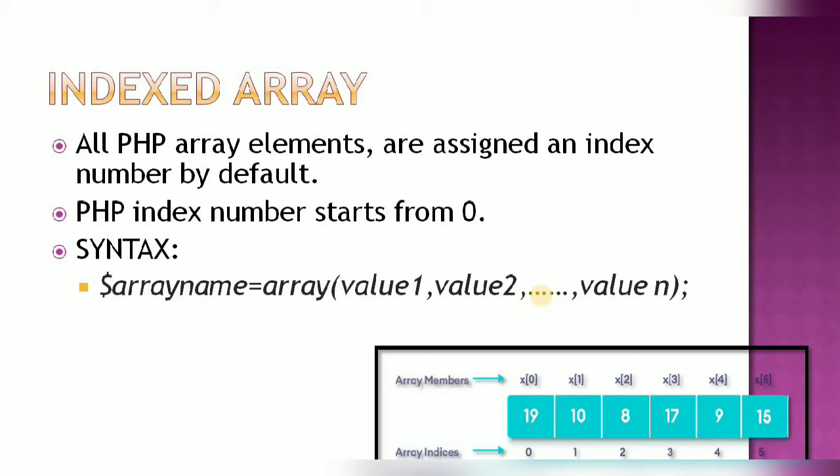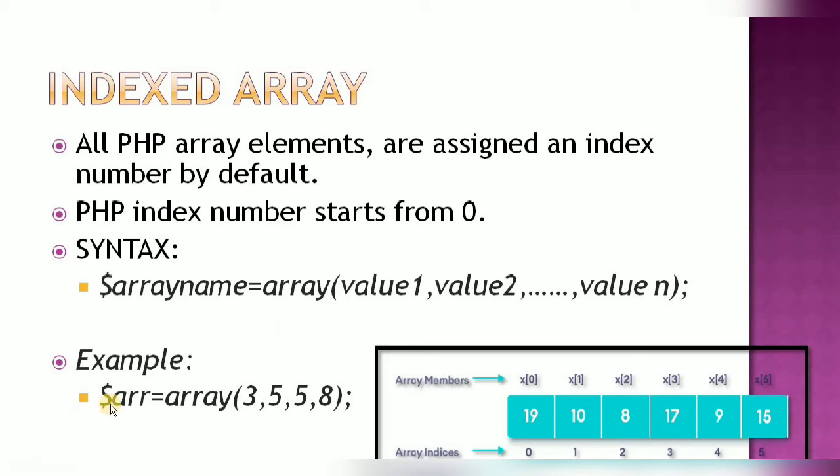But when you are using indices, when you are using one particular element of the array, you use square brackets. And this array name also follows the variable naming rules. Example: $arr = array(...), where arr is the name of the array, the function in round brackets, and values which are separated by comma. So this is the first way of declaring an indexed array.